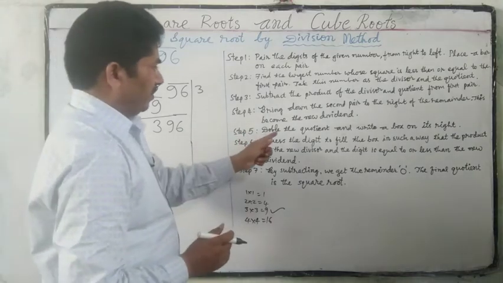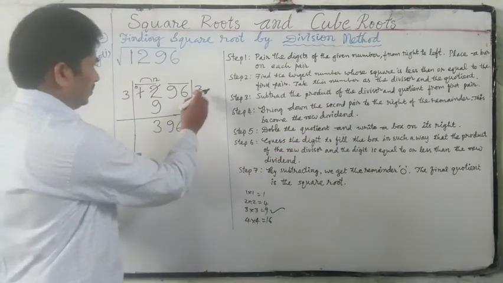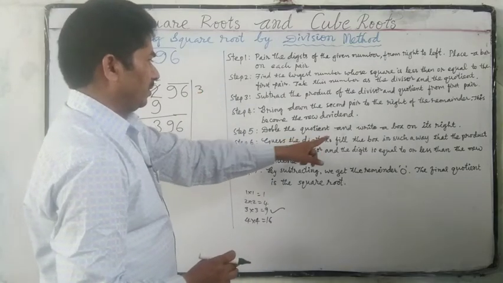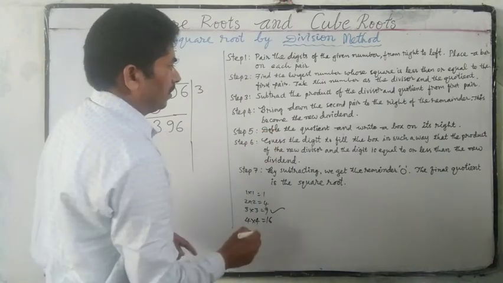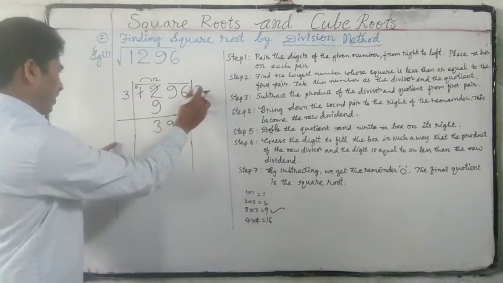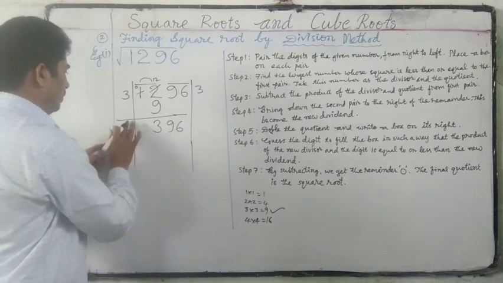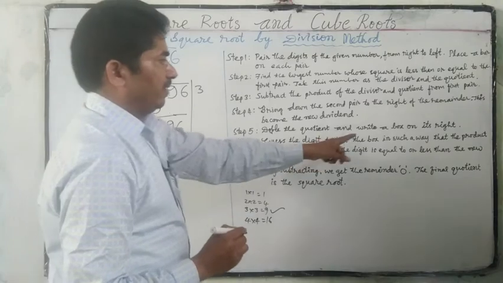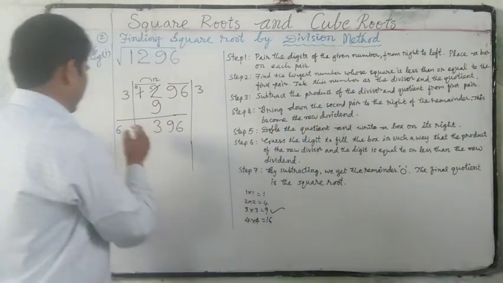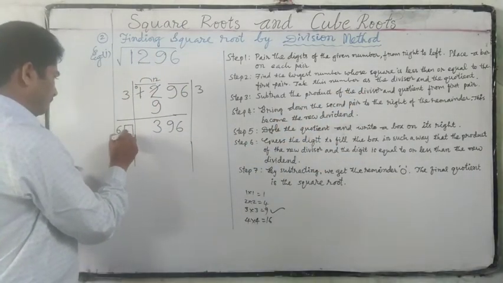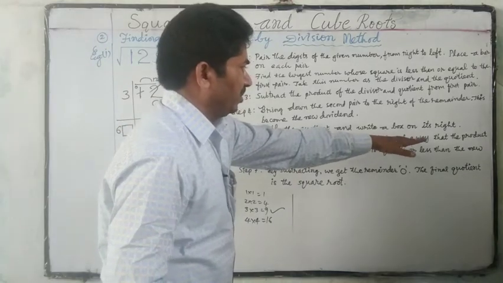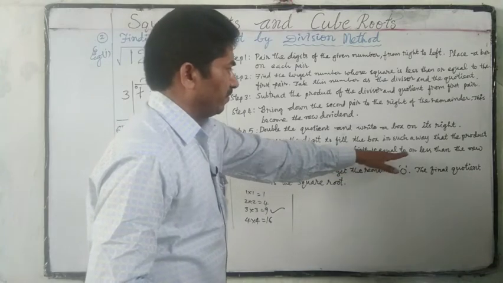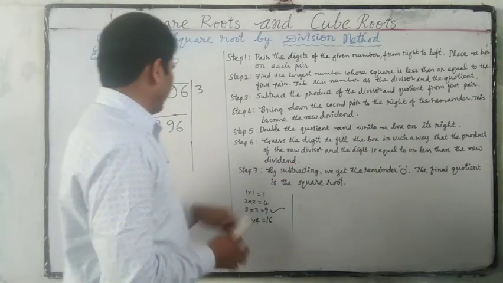Next, step 5: double the quotient. This is the quotient; we have to double it. Double of 3 is 6. Double the quotient and write a box on its right, such that the product of the new divisor and the digit is equal to or less than the new dividend.